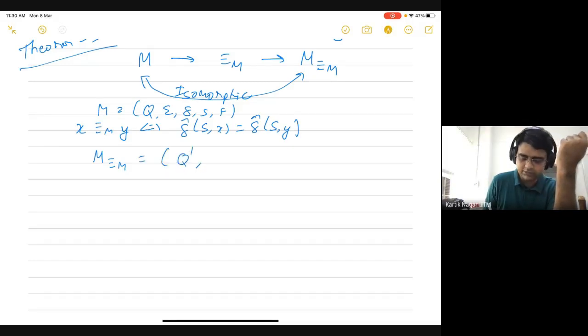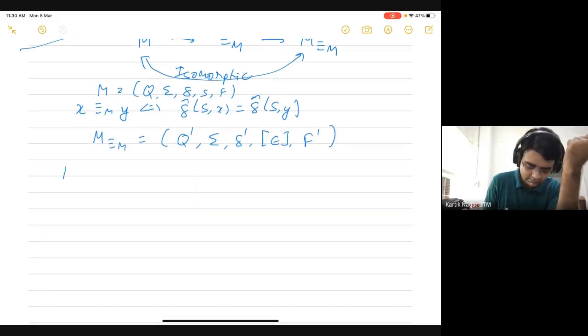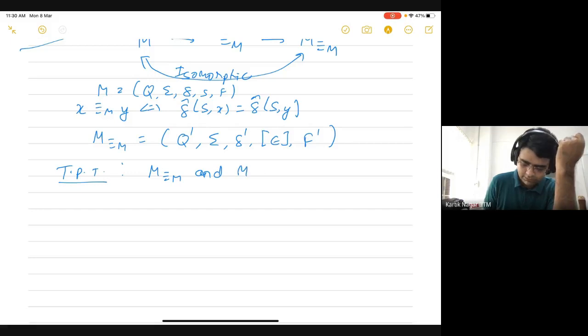Q prime is the set of equivalence classes of the original relation, and then we have sigma, delta prime, the equivalence class of epsilon, and F prime. We want to prove that M and M prime are isomorphic.